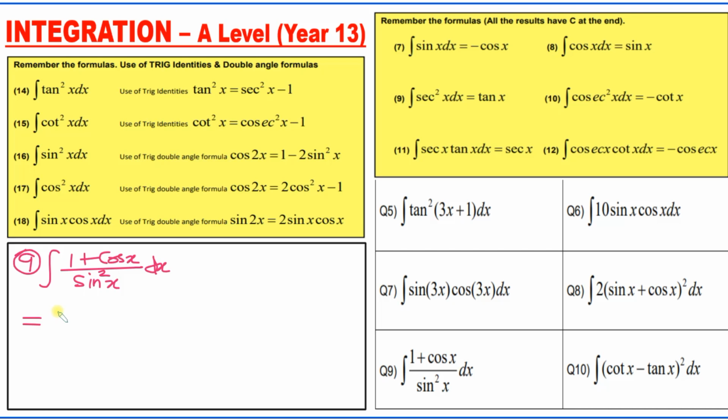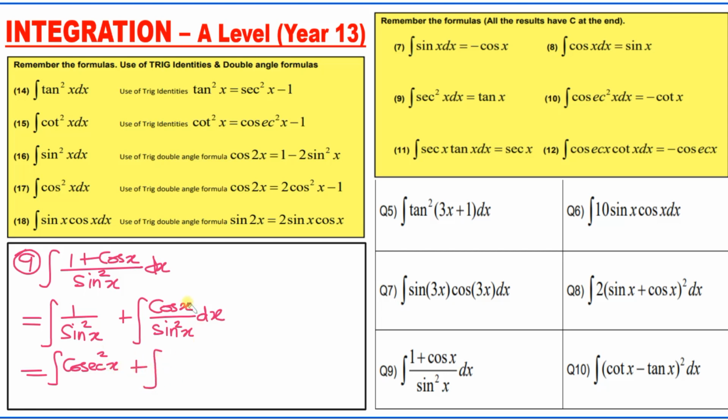Now I'm going to change this integration into two parts: 1 over sine squared x plus integration of cos x over sine squared x dx. And this will give 1 over sine squared x is cosec squared x, plus cos x over sine x is cot x, and 1 over sine x is cosec x.